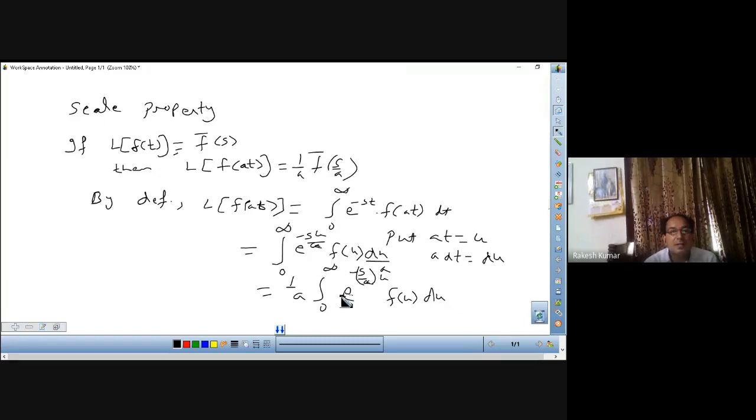You know that the Laplace of f of t, this is the standard definition I am again writing: 0 to infinity e raised to power minus st f of t dt. In 10 plus 2, we have studied that change of variable in a definite integral does not make any difference. What does it mean?